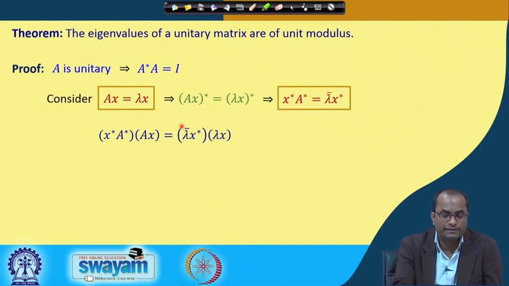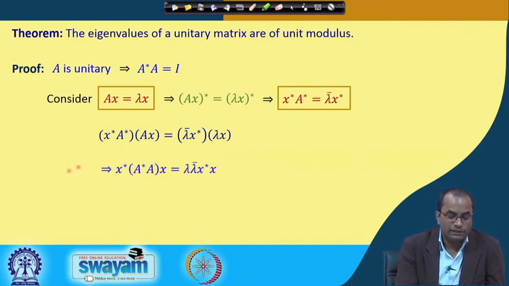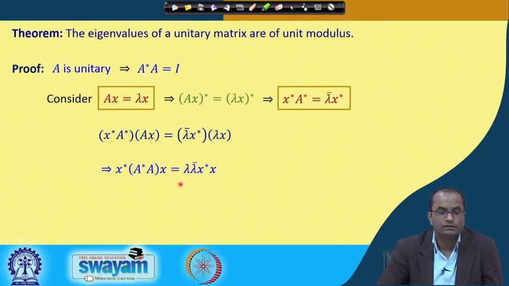So, x star A star multiplied by the vector A x is equal to lambda bar x star multiplied by lambda x. We have done just the product of these two. Then using associativity, we can use A star A together, and lambda bar and lambda are constants, so we can easily take them out, leaving x star x.